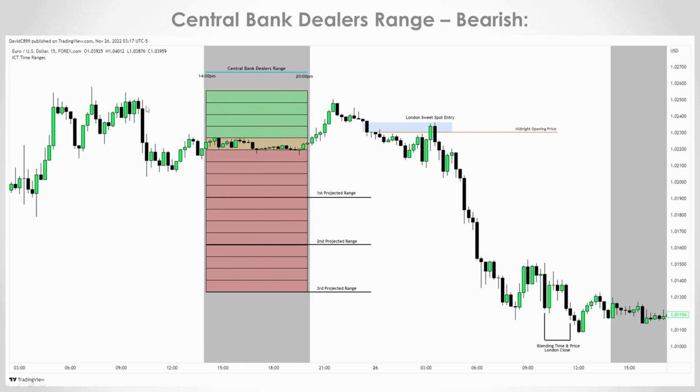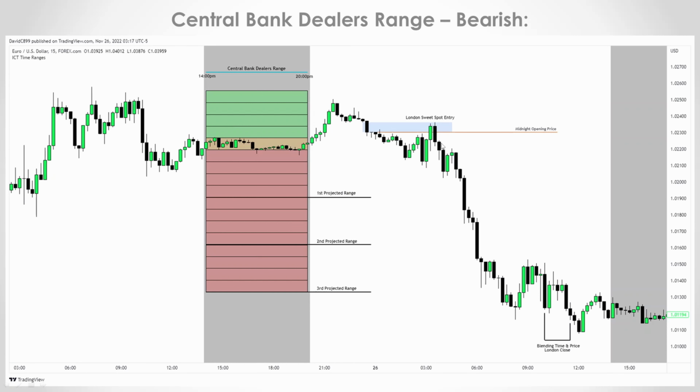After price trades up into this bearish order block, it trades lower, and we can see here a fair value gap above the midnight opening price and a potential trade entry. Also, this entry was during the London sweet spot from 3 AM to 4 AM New York local time.